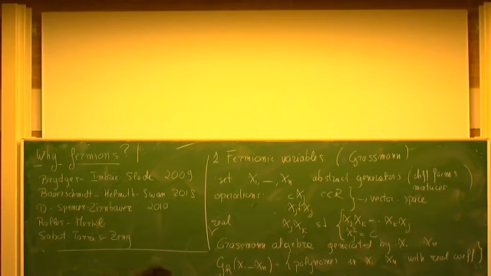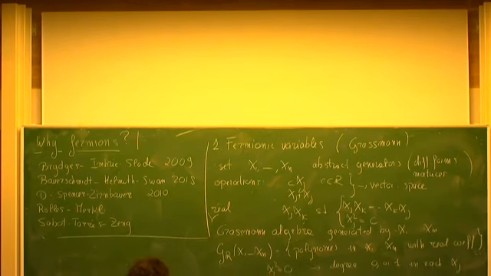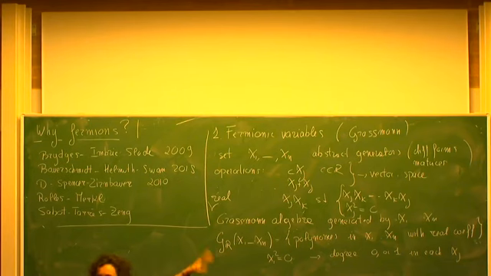In particular, since the square of each variable is 0, the polynomial can have degree 0 or 1 in each variable, in each chi. So there are not so many of them. You can take all this as really just a list of rules.